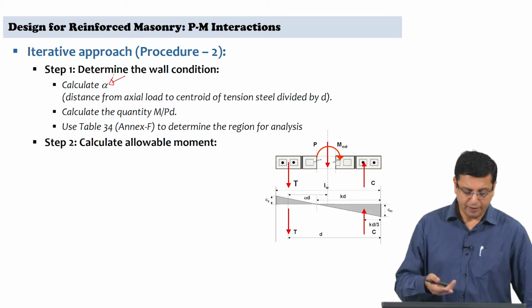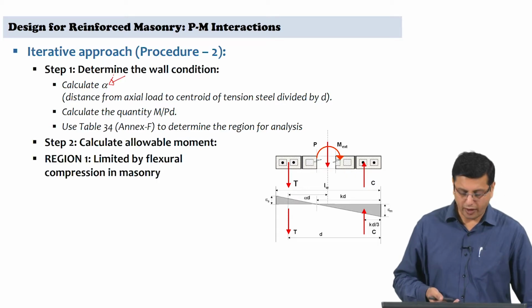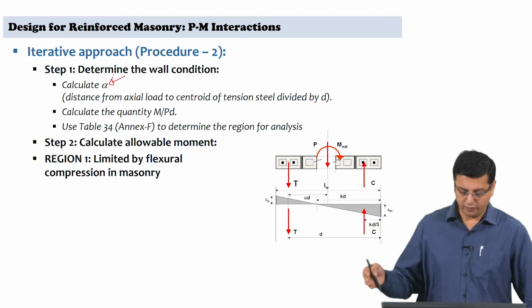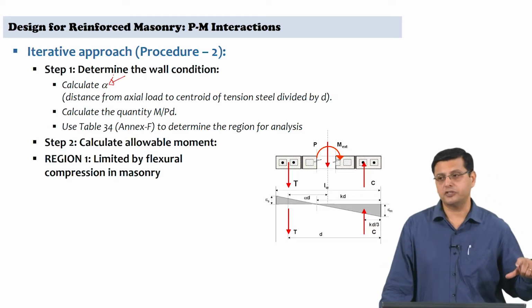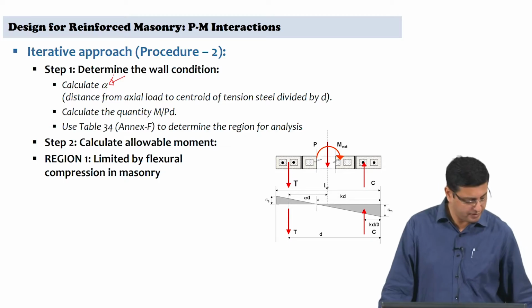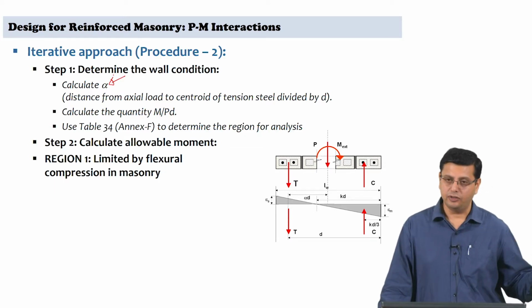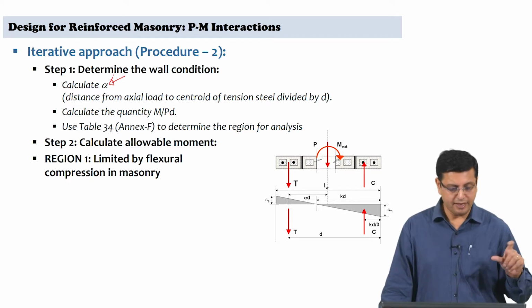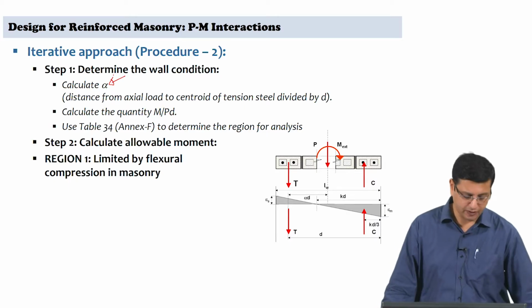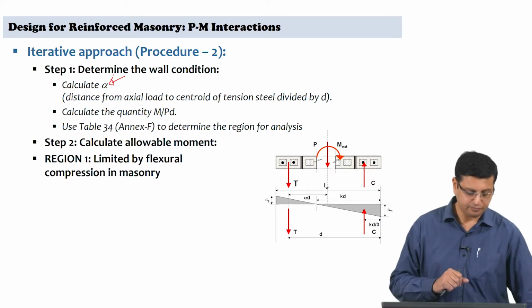Depending on the region, let us say you are in region 1, fully in compression, and you are controlled by the flexural compression in the masonry, and therefore you will have Fb, which is the permissible compressive stress in masonry due to flexural compression, already defined.